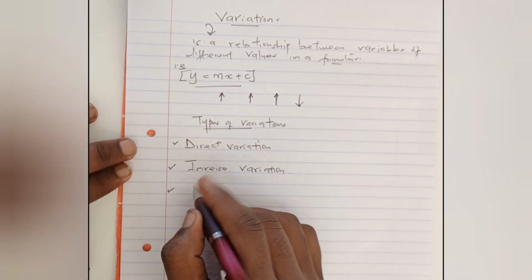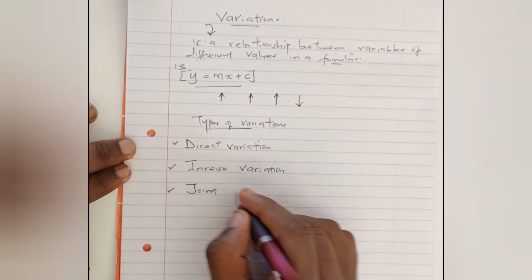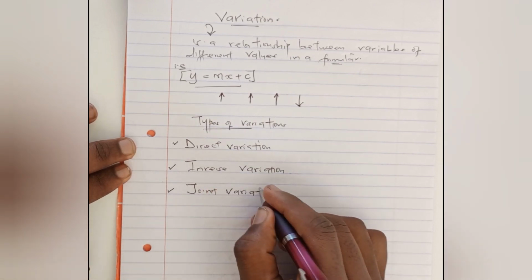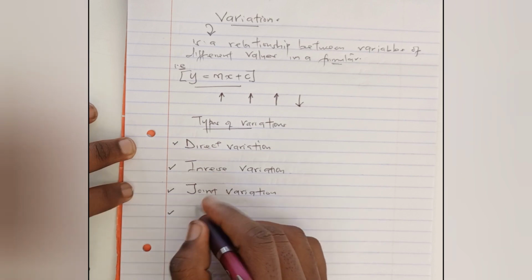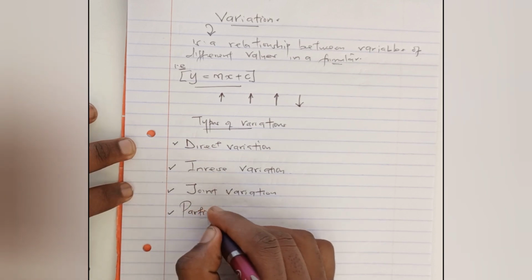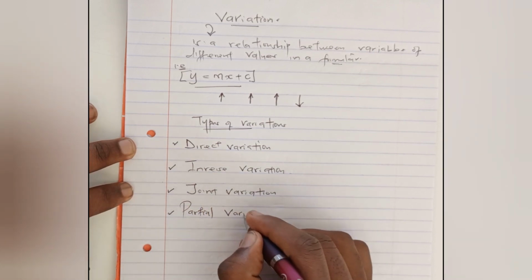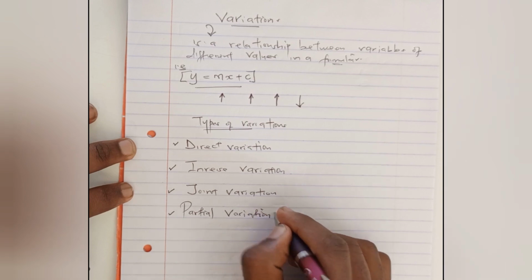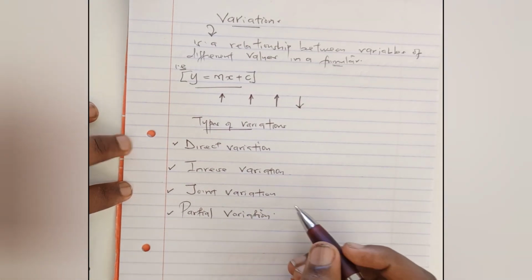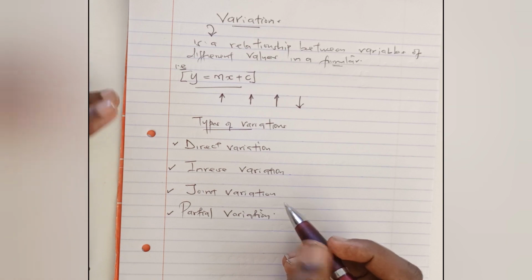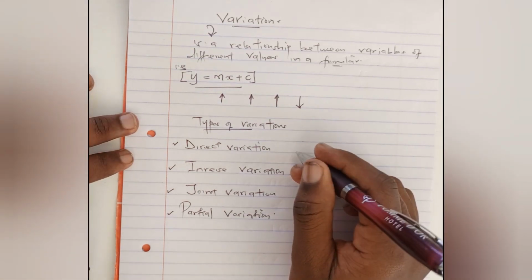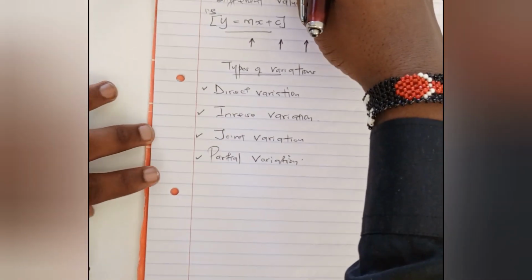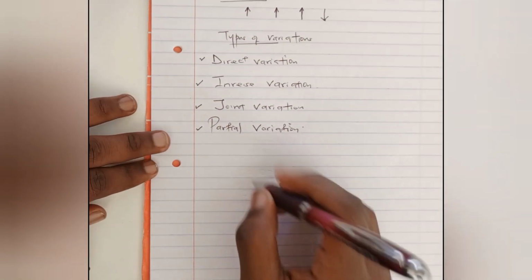We have joint variation. And lastly, we have partial variation. In each case, I'm going to illustrate what we're supposed to take into consideration as we work out a few problems here and there. In the first place, I begin with direct variation.